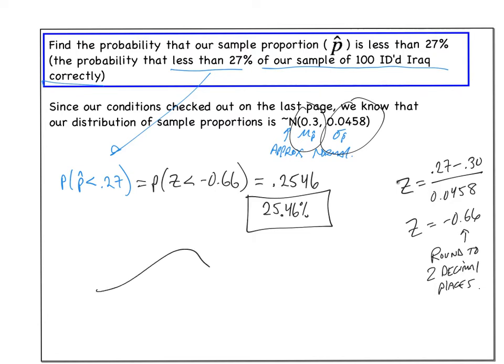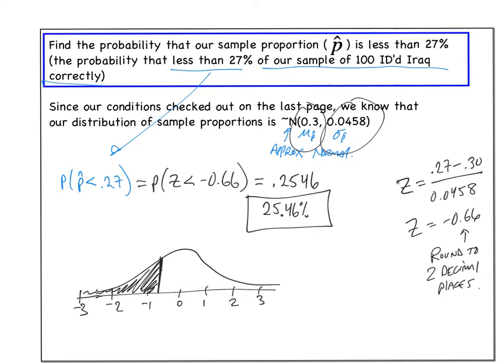You can always draw a picture of the scenario to see if things look right. So this z-score was negative 0.66. So we're talking about here, and we're trying to find the probability of being less than that. Okay, so that seems to check out.